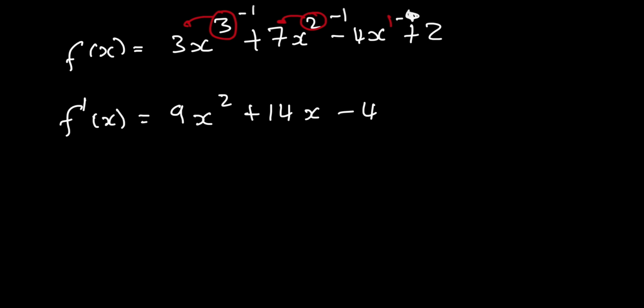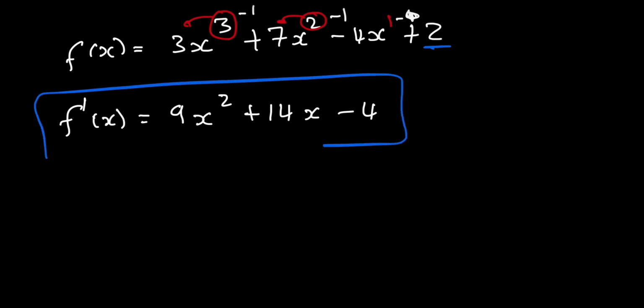And if you have an exponent of 0, that means any number raised to the power of 0 is 1. So we don't have to write any x because it is going to be equal to 1. Now if you have a constant, the first derivative of a constant is just going to be 0. It will fade away. So this is how you find the first derivative using the simple method.